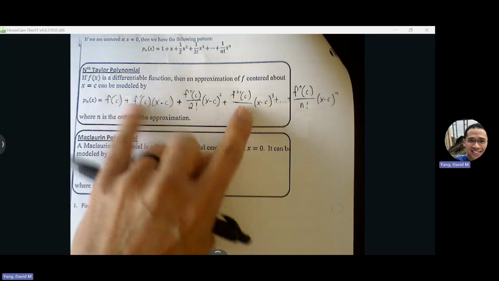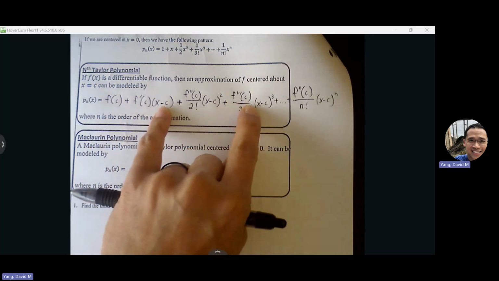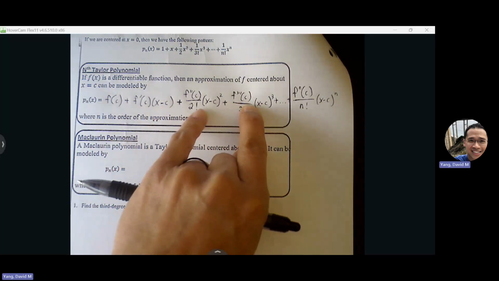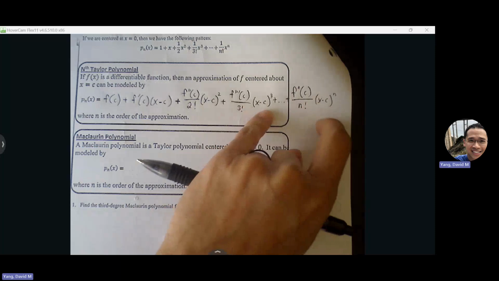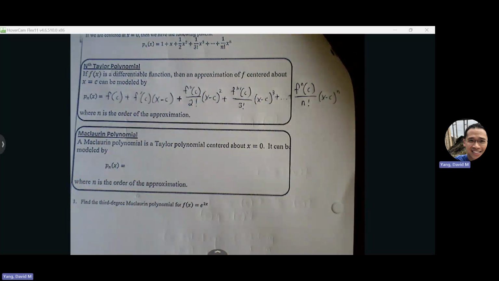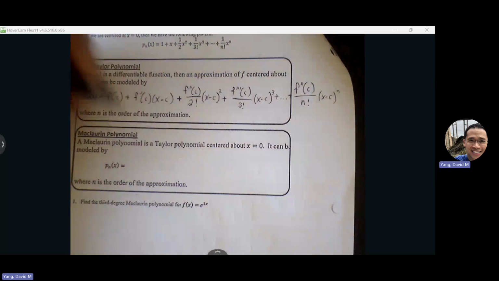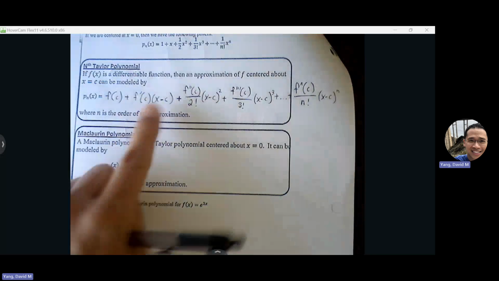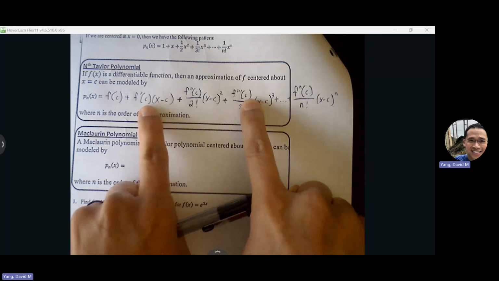Now, this is a Taylor polynomial where we can build our imitation from different x values. Could be x equals 2, could be x equals 3, could be x equals 5. But a Maclaurin polynomial is where we're beginning to match the graph that we want to imitate starting at 0. So a Maclaurin polynomial is always building its case at 0. The equation looks a little bit simpler because all the c's are just going to be 0.